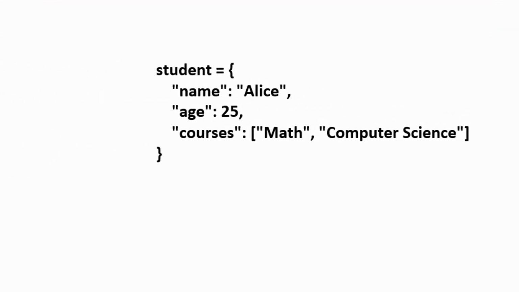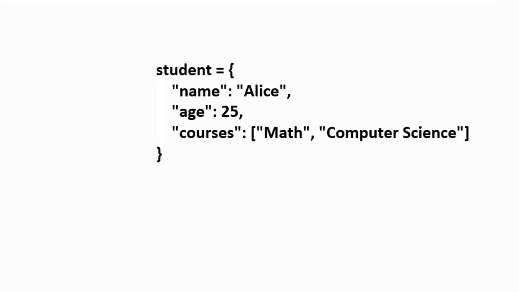For example, if I want to store the data for students, all the students in a school or college would have a name, an age, and courses. So I can create a student dictionary where you have the name of the student, the age, and the courses.